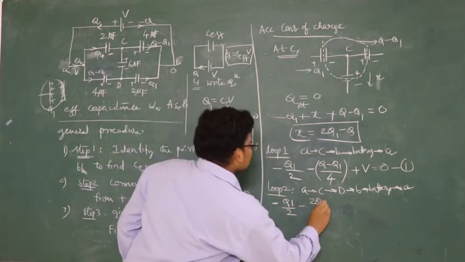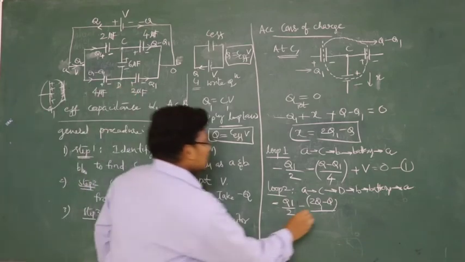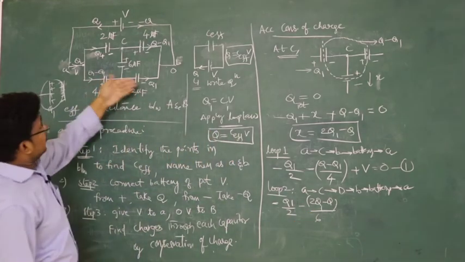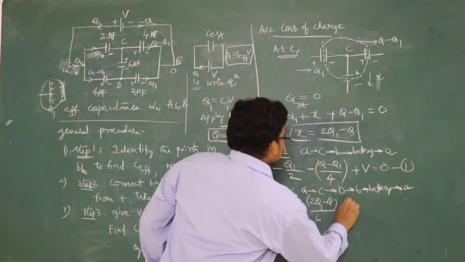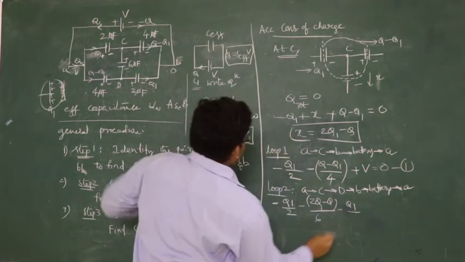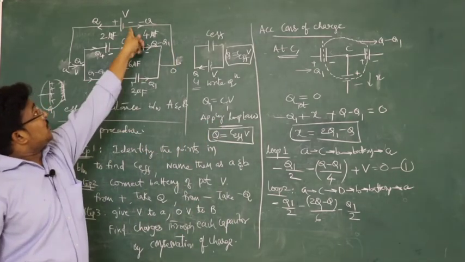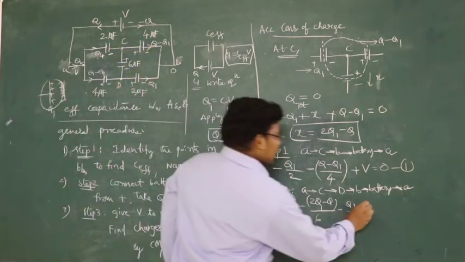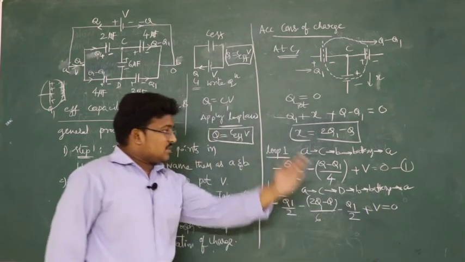So 2Q1 upon the capacitance 6. And now C to D, again plus to minus, drop. How much charge? Q1, and the capacitance is 2. And again to B, battery minus to plus means gain, plus V equal to 0. This is equation 2.